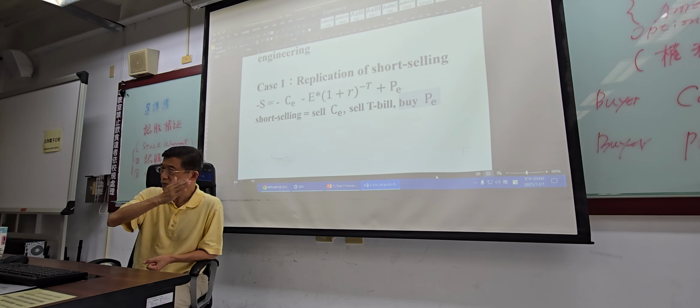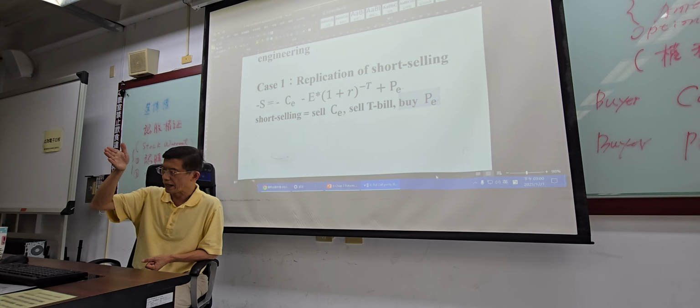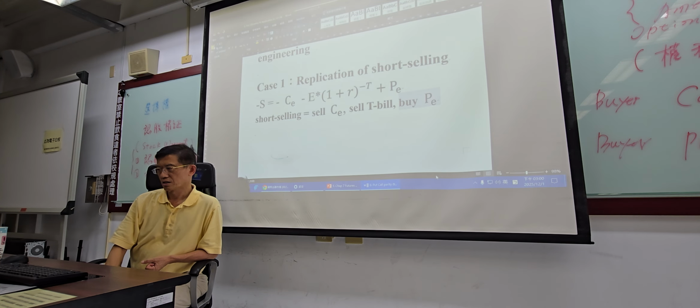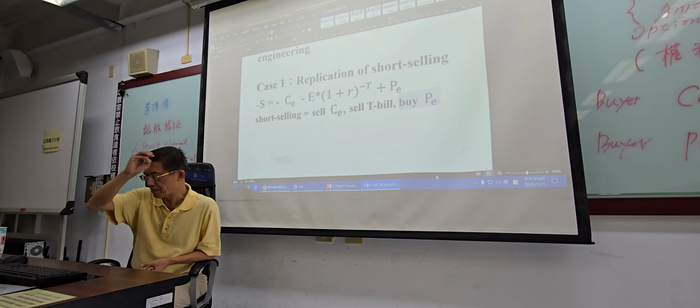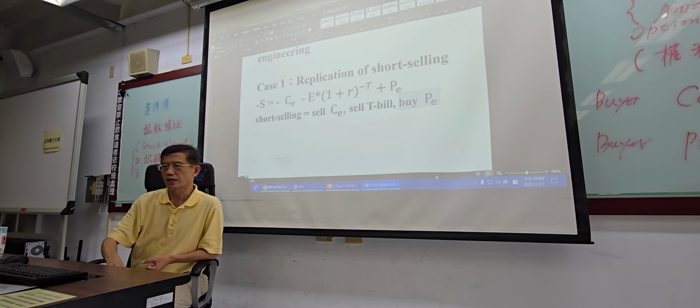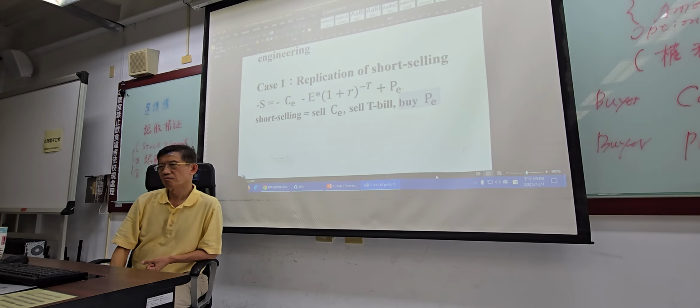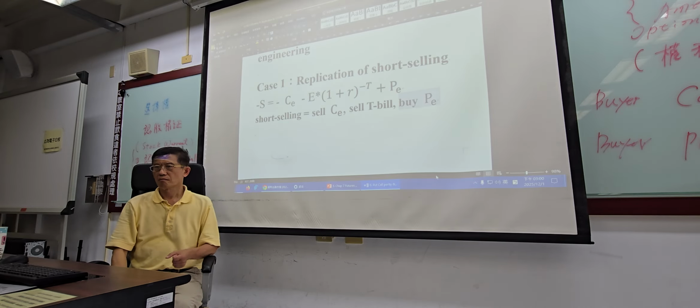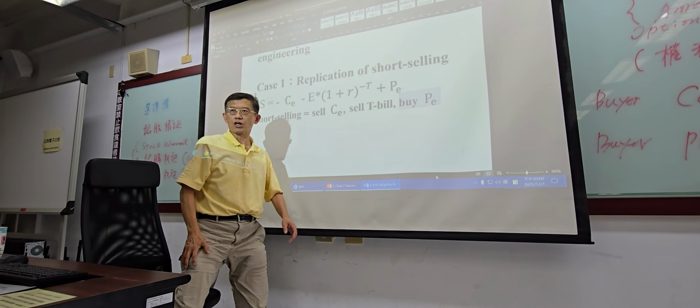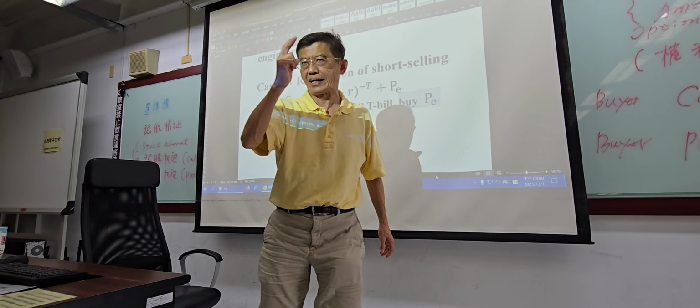So how will you do? You may use Poco parity, and replicate the short selling by these three different transactions. In terms of Chinese, that we call it as 山不转路转.